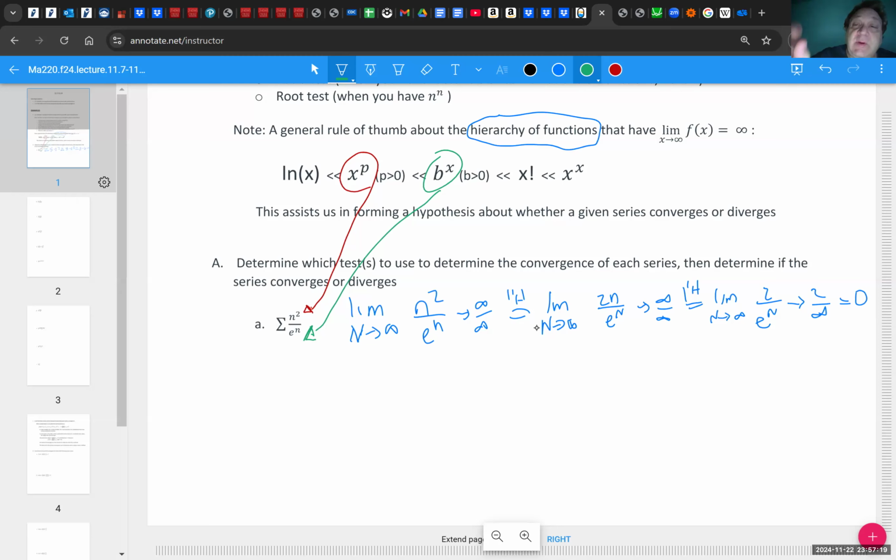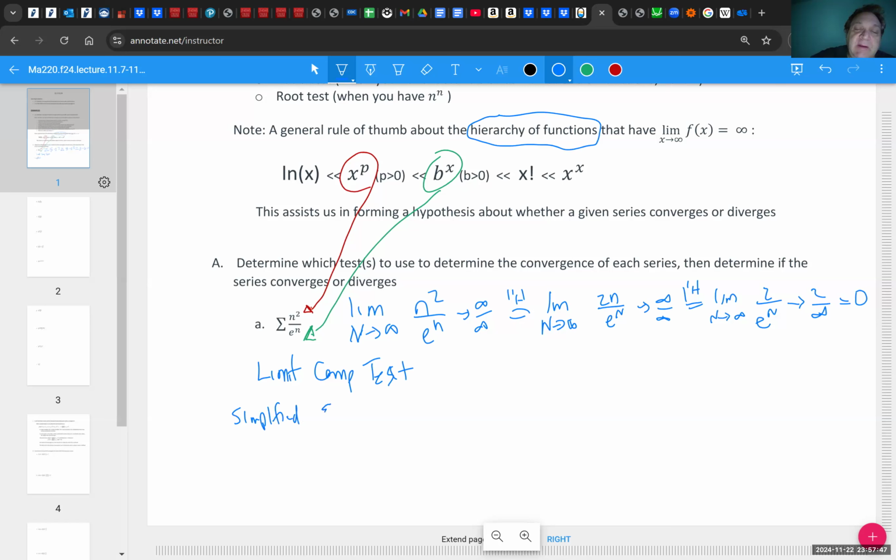All right, so what can we do here? Well, given the fact that it's kind of like e to the n, let's try the comparison test. Specifically, the limit comparison test is what we're going to try first, just because it's easier. So for the limit comparison test, what you do is you come up with a new function, a simplified function.